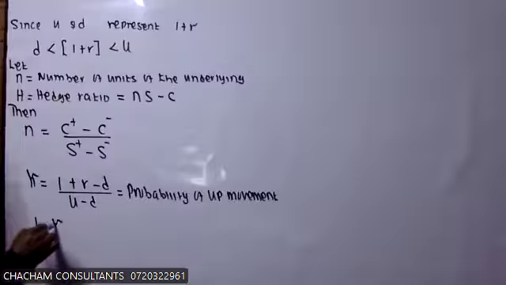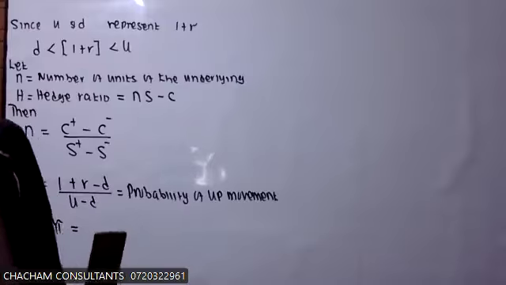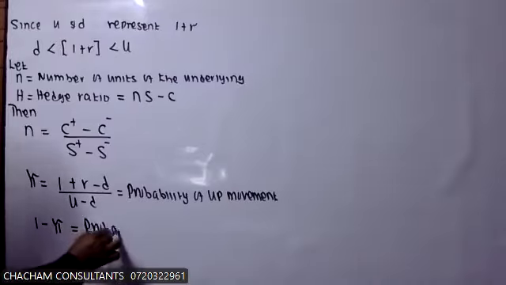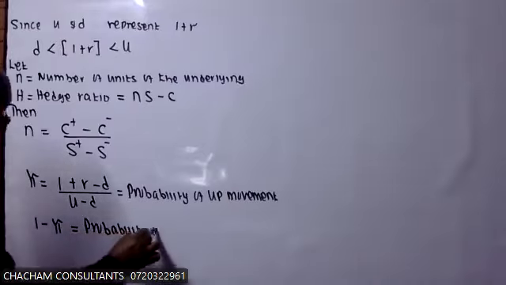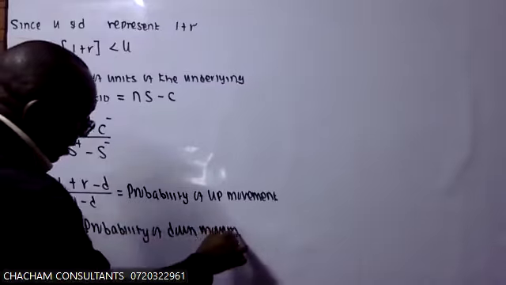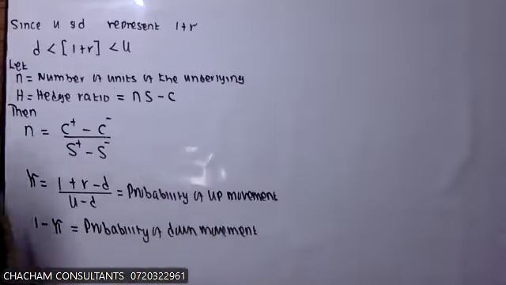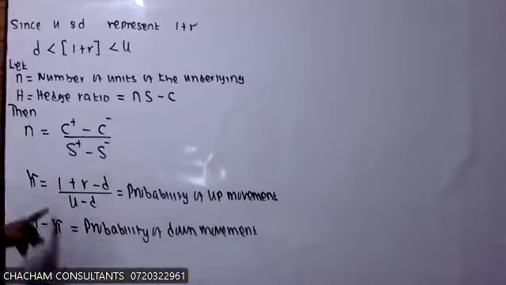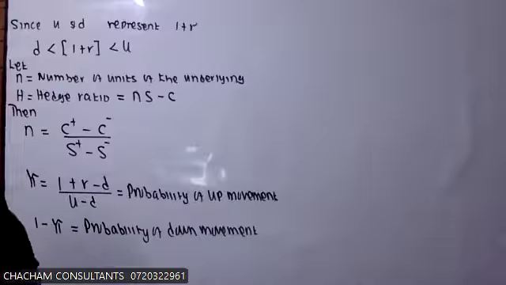One minus pi will then be the probability of down movement. Remember, probabilities must always add to 1. That's why this plus this should give us 1.